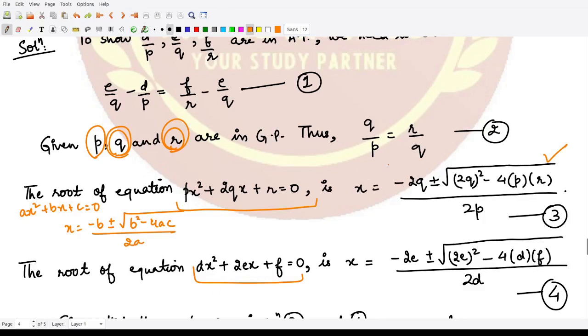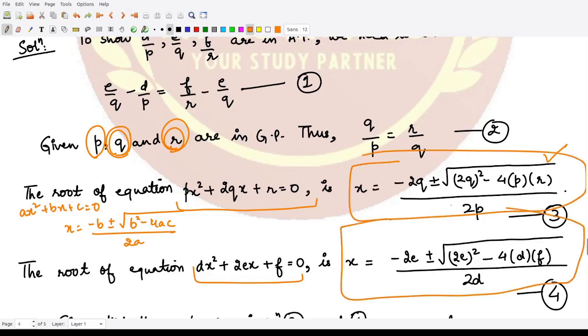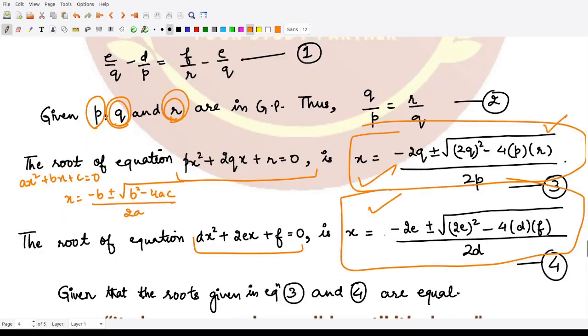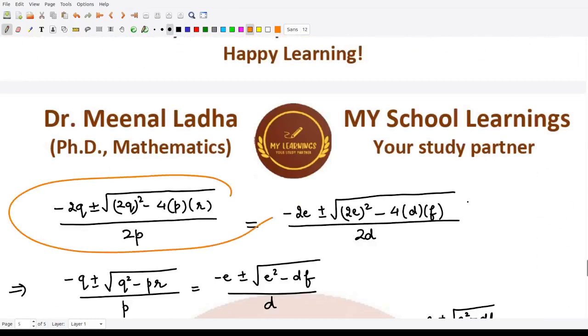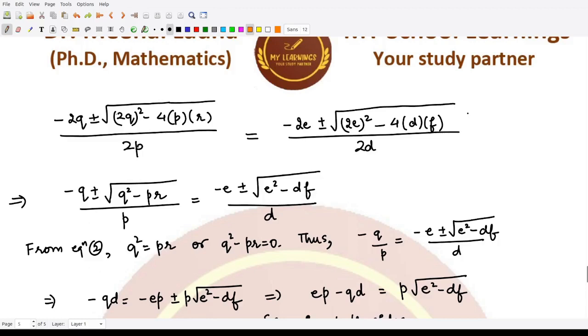Now, because it is given that these are the common roots of both the equations, they should be equal to each other, hence we can equate them. When you equate them, you have this. Here it would be 4 when you open up the square, here also it would be 4, and then you can take 4 out, so it would be 2, and 2 is taken outside and cancelled.